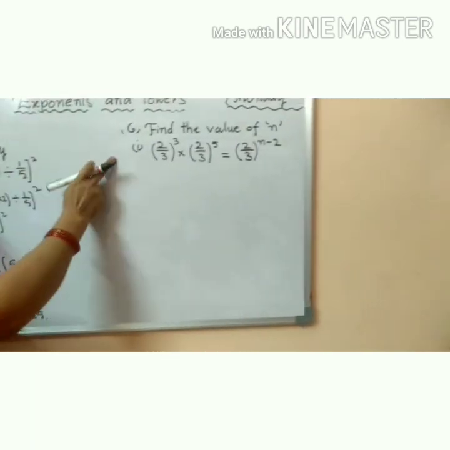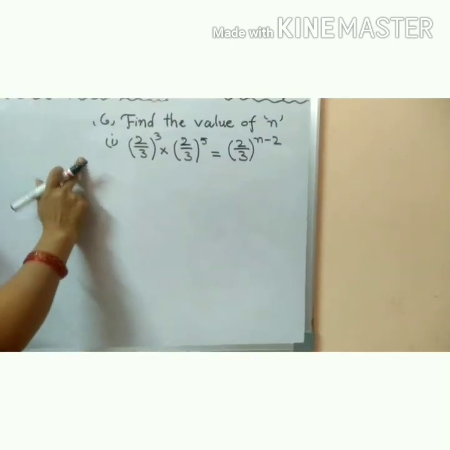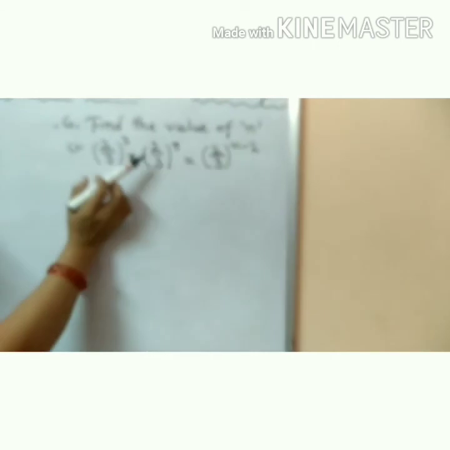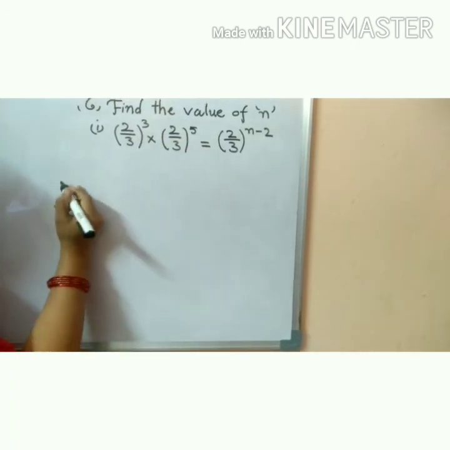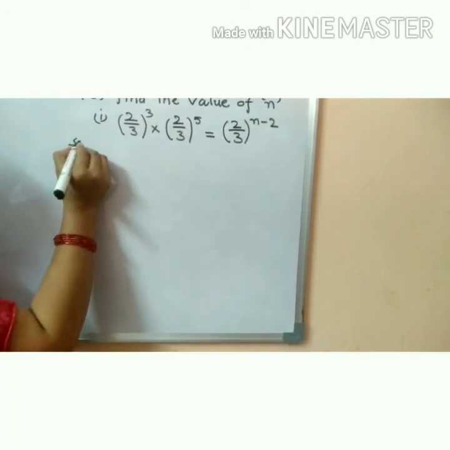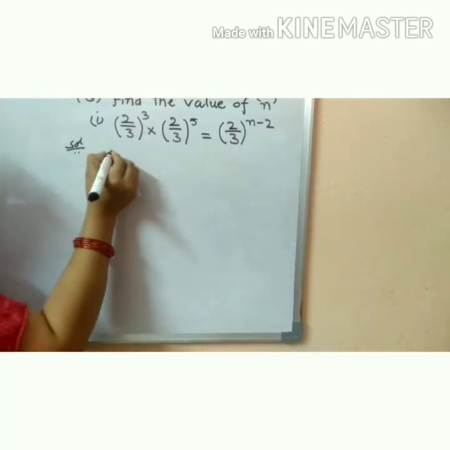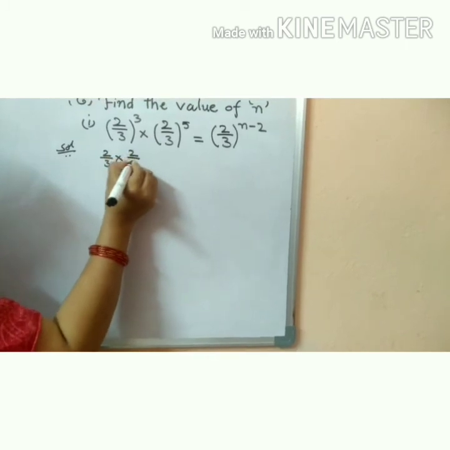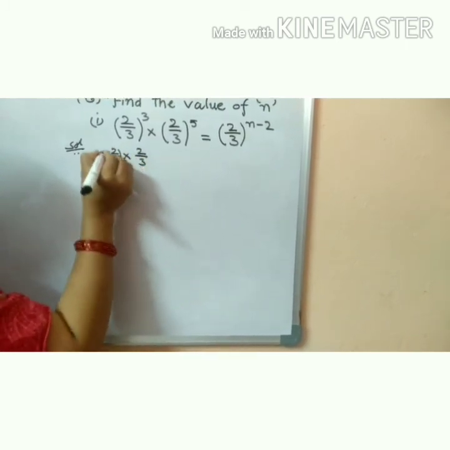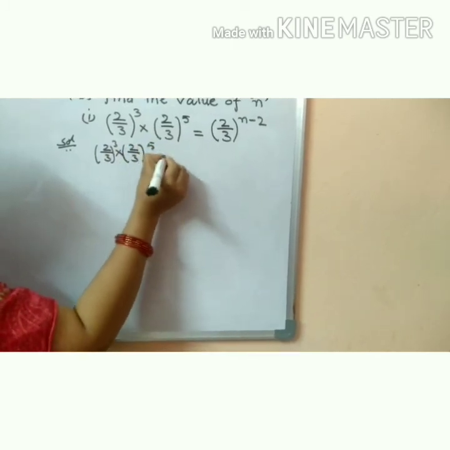Okay, next going to the 6th Roman, find the value of n. First it is an LHS and it is an RHS. First do the LHS. So here (2/3) whole cube into (2/3) whole power 5.